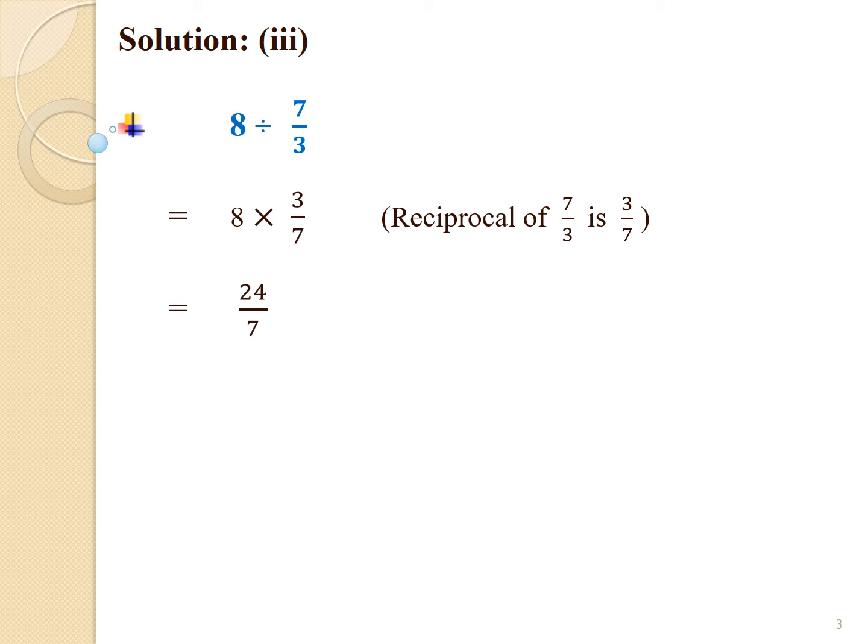Now, converting 24 upon 7 into mixed fraction, we get 3 integer 3 upon 7. Therefore, 8 divided by 7 upon 3 is equal to 24 upon 7 or 3 integer 3 upon 7.